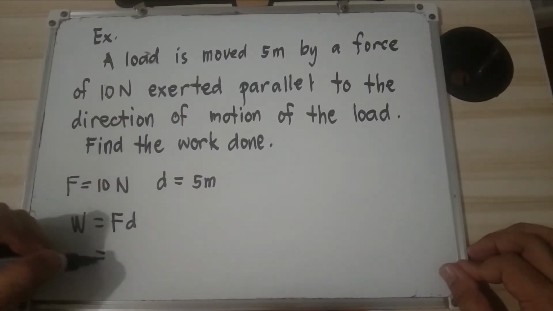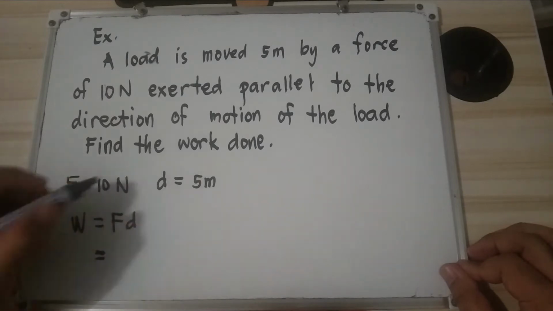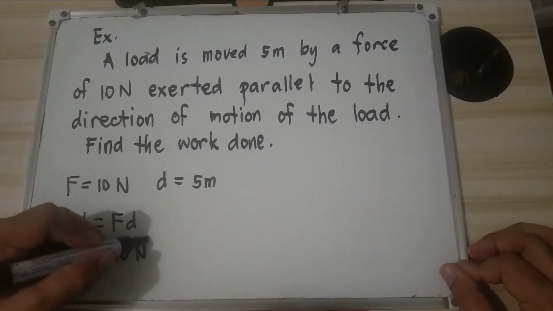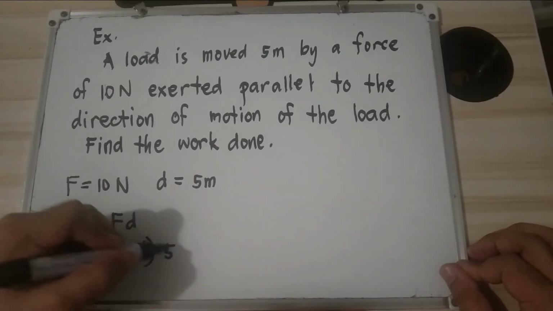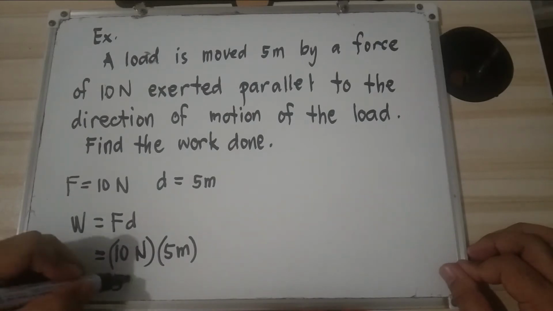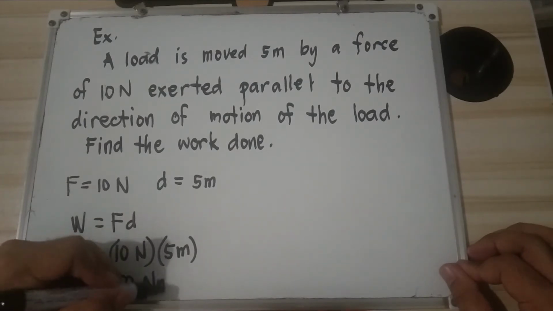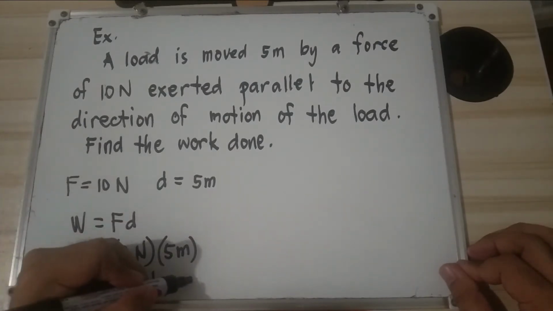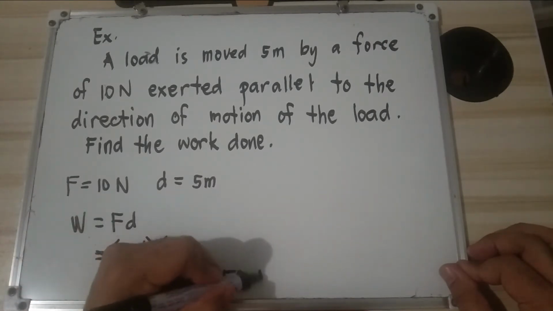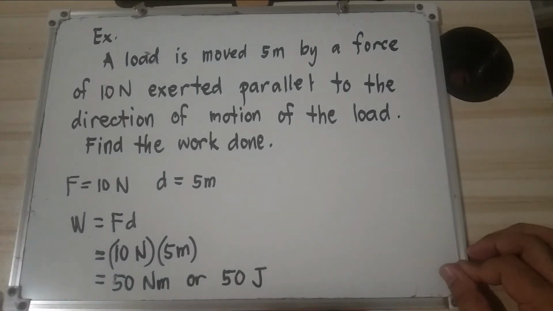Then let us plug in those two values. We have 10 newtons for force, then distance 5 meters, and get the product. So we have 50 newton meters or 50 joules. Take note that 1 joule is equal to 1 newton meter. And this is the final answer.